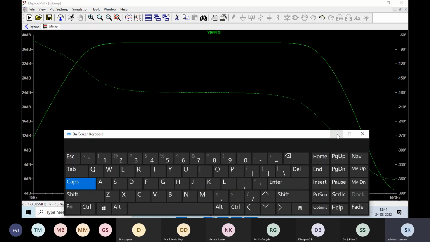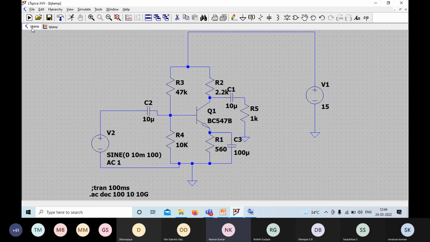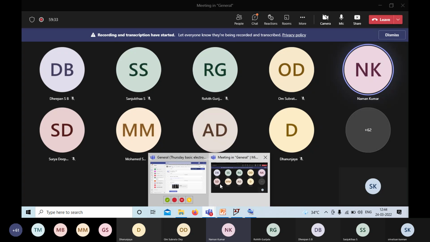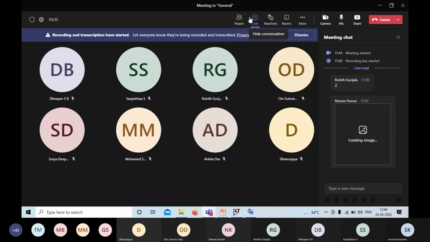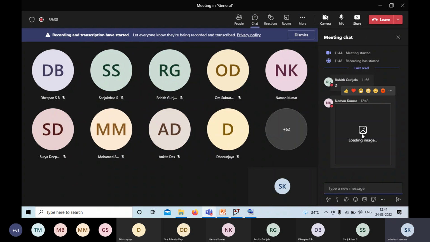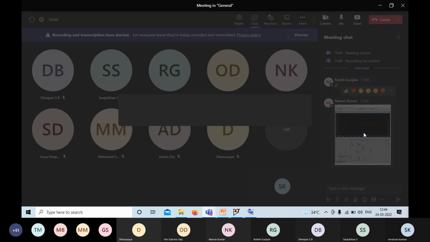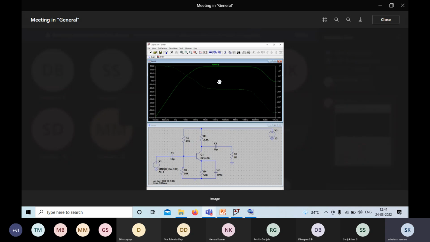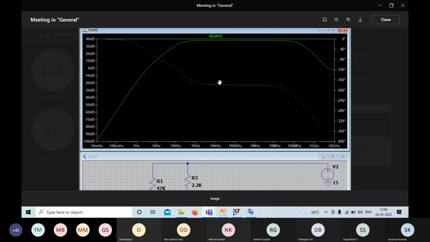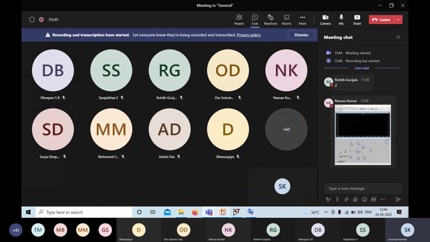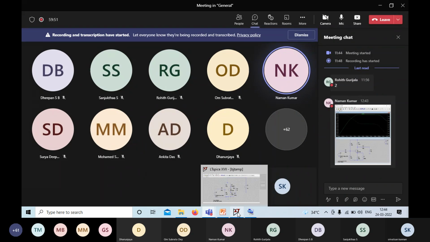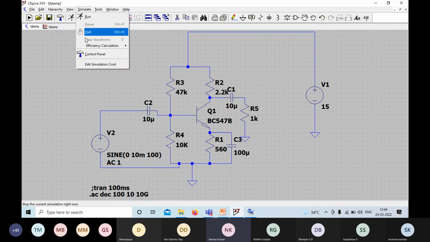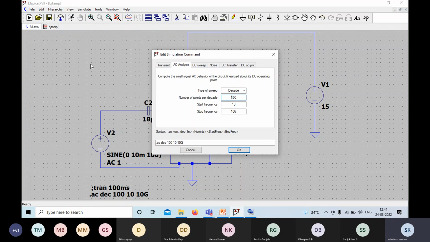Let us see. Sir, I have shared the image of my graph in the chat. Can you please check what I have done wrong? Yes, you have to change the settings. Settings are not correct. I'll show you the settings now. Sir, I have done that also. Still, it is showing me wrong. Decade, right? Number of points per decade is 100.